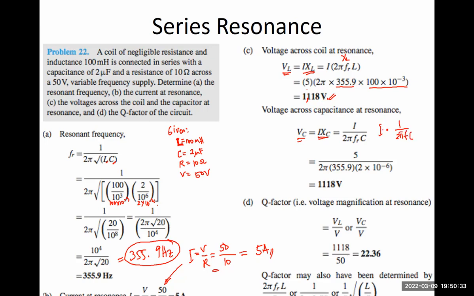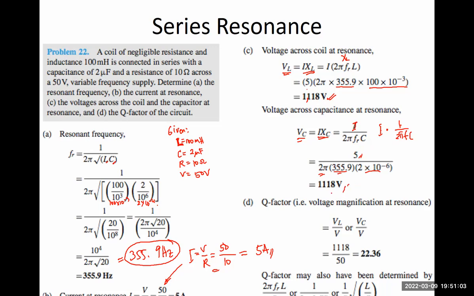Kompleto yung ating ingredients, so we could just simply substitute the value of the current, which is equal to 5 amps, our constant 2 pi, our resonant frequency of 355.9 hertz, and the value of our capacitance, which is equal to 2 times 10 to the negative 6 farad.